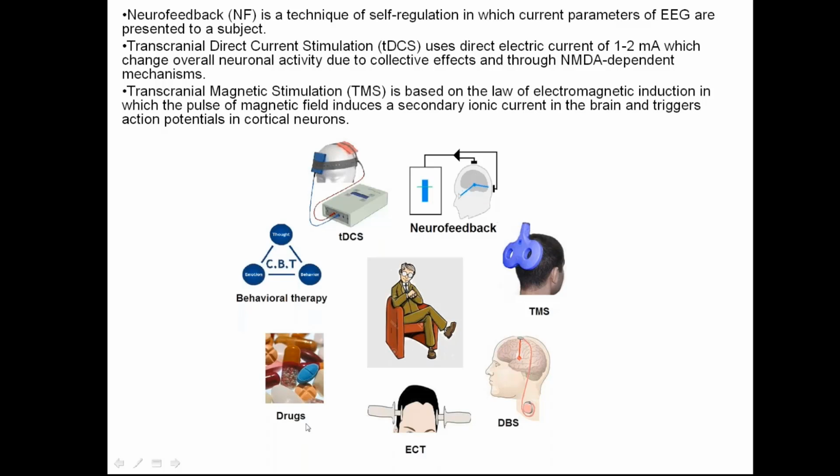In the 21st century, psychiatry has the following new tools, like neurofeedback, like transcranial direct current stimulation, like TMS, and deep brain stimulation. These are techniques that we are using in clinical practice.